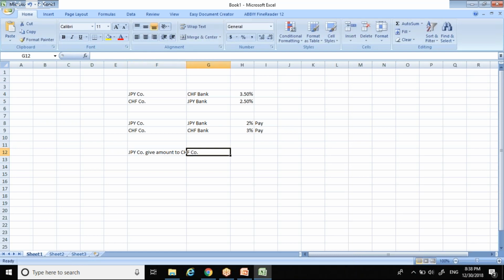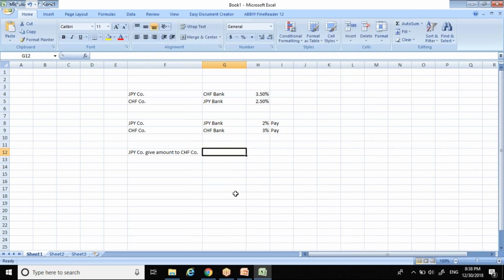Let's suppose, at what interest rate? 2%. So they receive 2% from the CHF company.